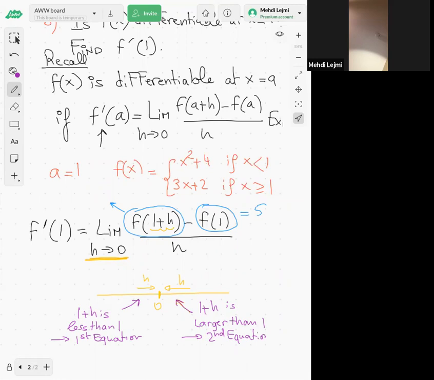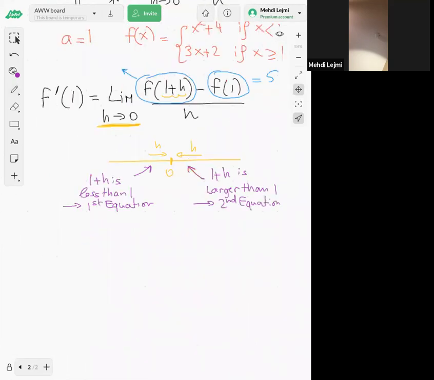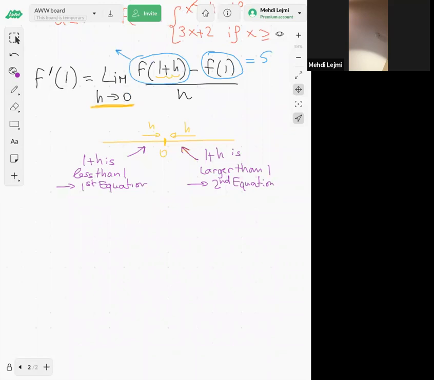All right, so to compute this limit, there are two cases, depending on whether h approaches 0 from the left or from the right. If h approaches 0 from the left, h is negative, so 1 plus h would be less than 1, so we use the first equation. If h approaches 0 from the right, then 1 plus h is larger than 1, so we use the second equation. So here we have to compute two different limits.